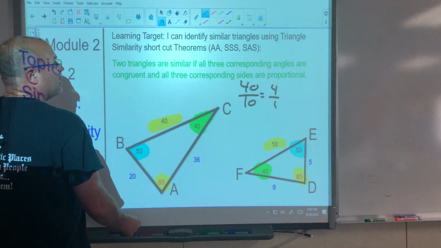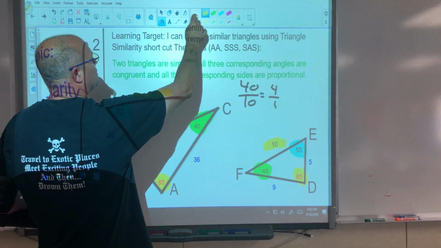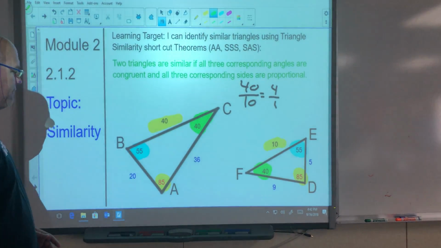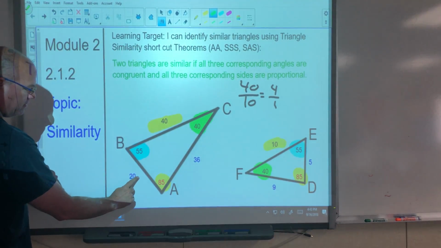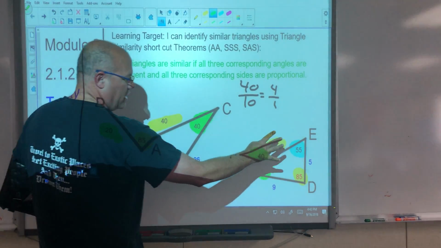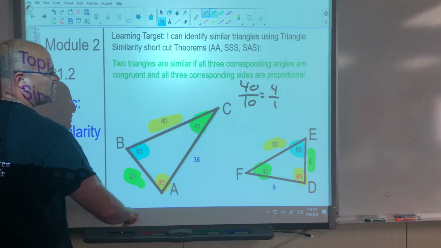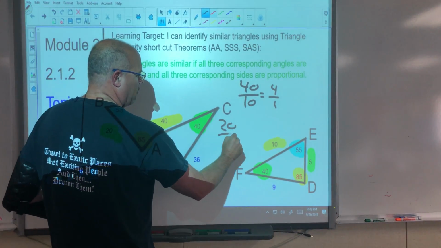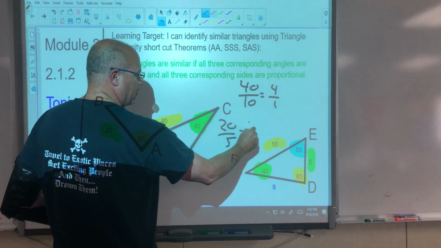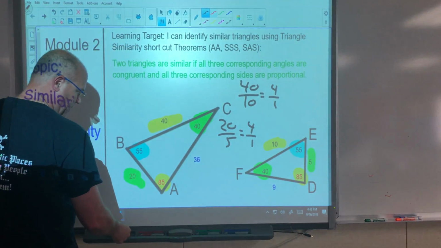Okay? Then I need that same ratio of similarity for the other two sides. Let's see if we have that. My smallest side here is 20. My smallest side here is 5. Those are the corresponding sides. So if I did the ratio 20 over 5, I also get 4 over 1.